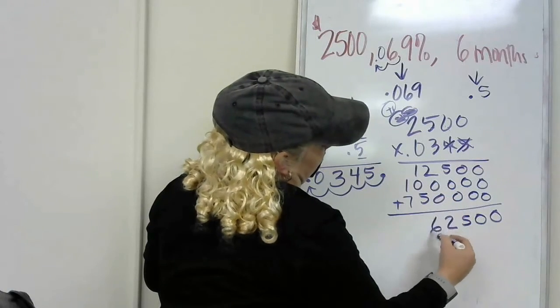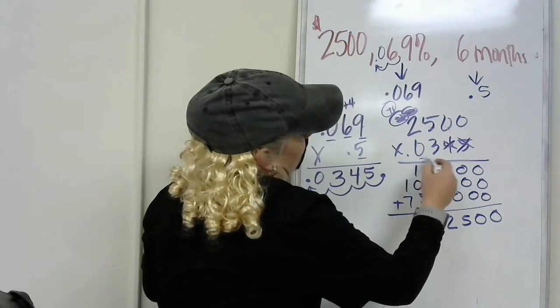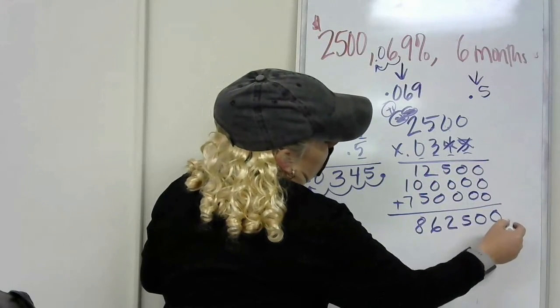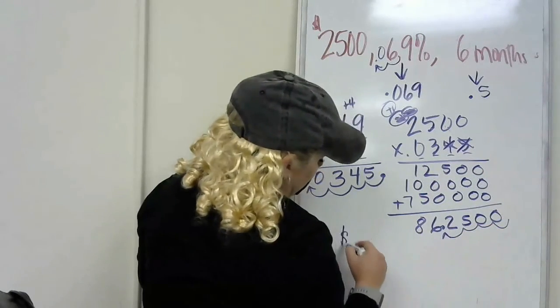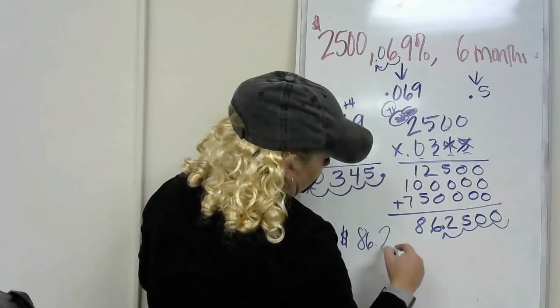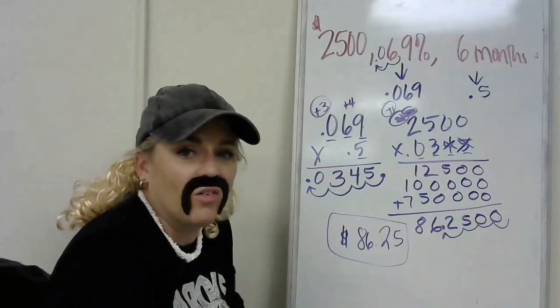Plus 5 is 6. And 1 plus 7 is 8. All right, now let's count how many decimal places we have. We have 1, 2, 3, 4. Boom. Here we go. $86.25. That's way easy.